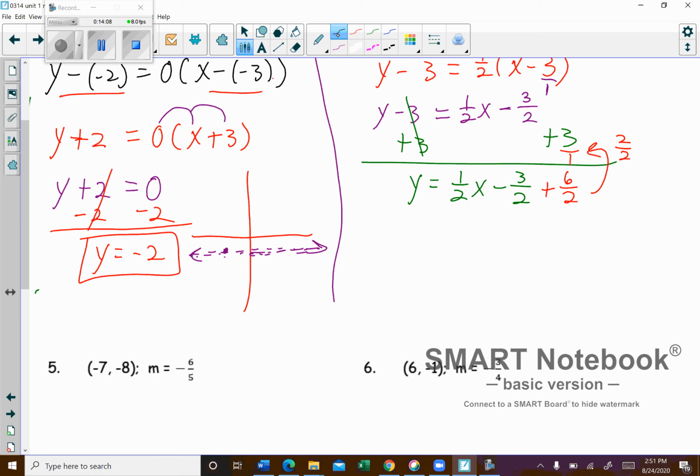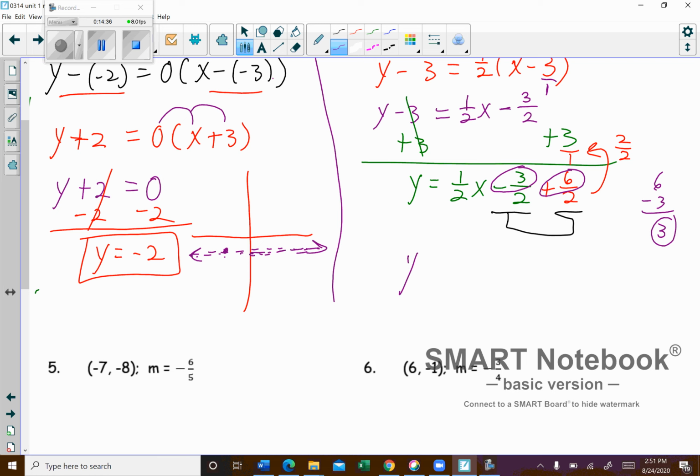The reason I did that is so that now I can combine these right here. Now you have to be careful. I am adding them, but the first value is a minus, so it's going to be a minus 3 plus 6, or negative 3 plus 6, basically. They have different signs, so you want to take the difference and then keep the sign of the larger number, which is 6, right? 6 is larger than 3.